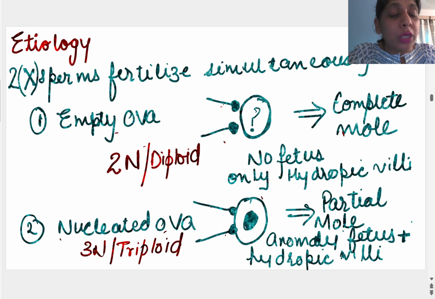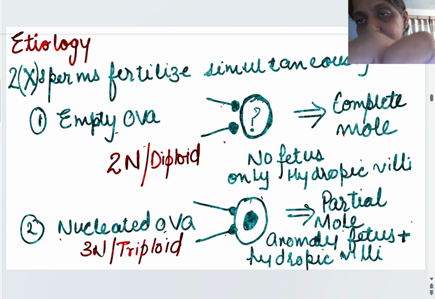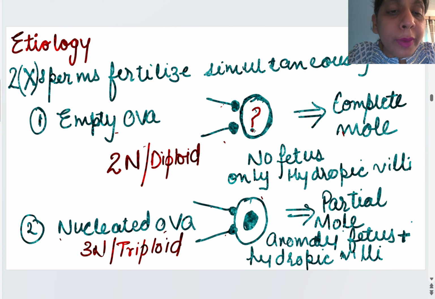Okay, so now see, in the first condition, when there is a complete mole, this ovum is having, why did I put a question mark, it means there is no nucleus in this empty ovum. Two sperms are fertilizing the empty ovum.